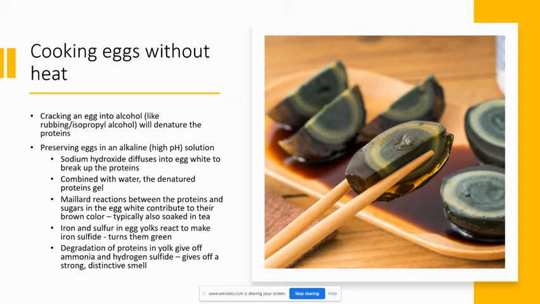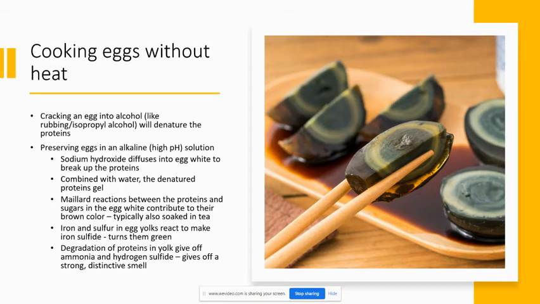But preserving eggs in an alkaline solution, alkaline means a high pH, it's the opposite of an acid, will also gel those proteins. The way this works, and I've shown on the right there, these are century eggs, which are a popular dish in China.